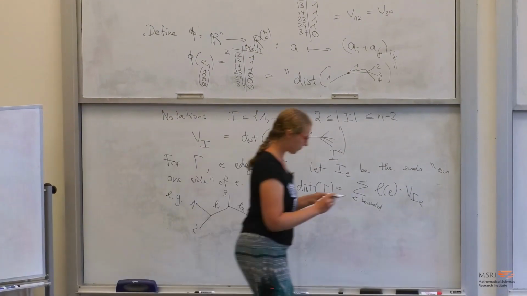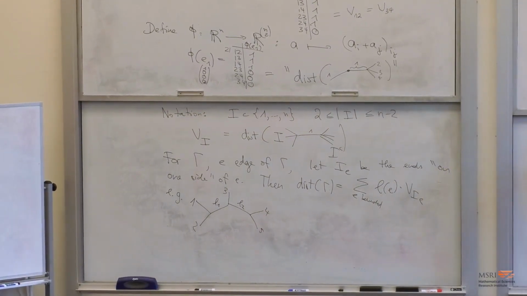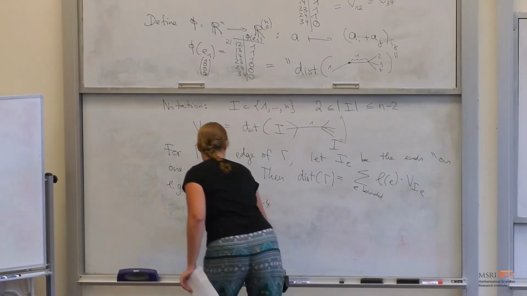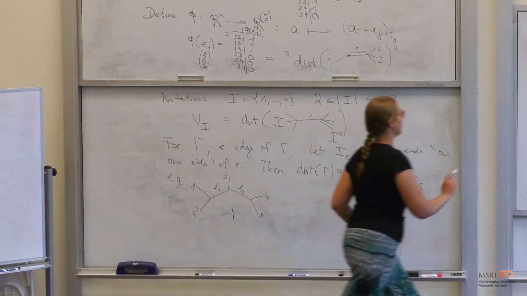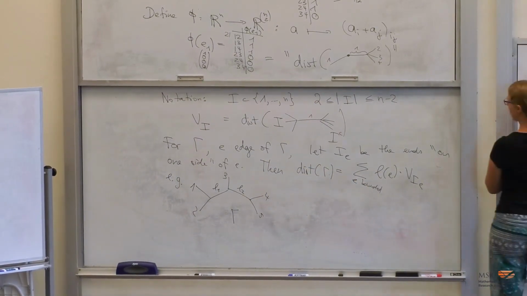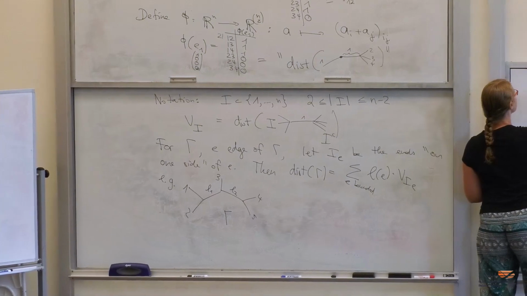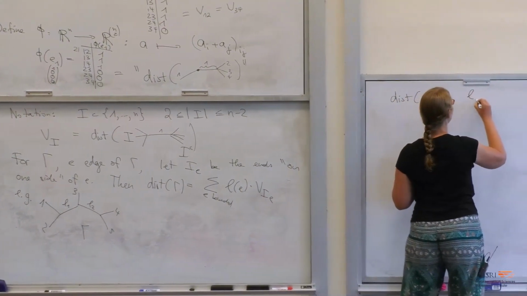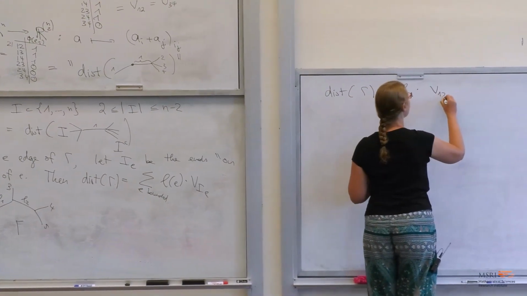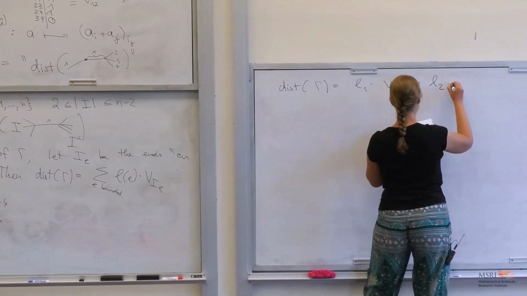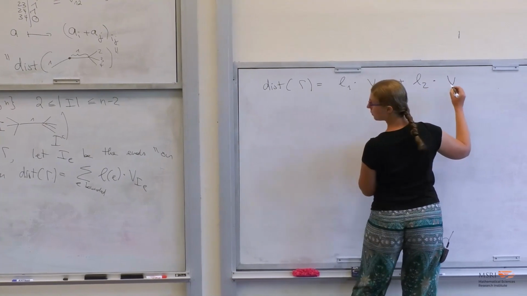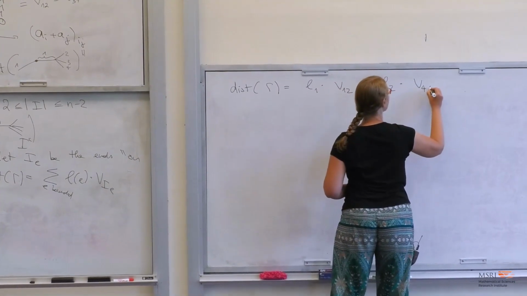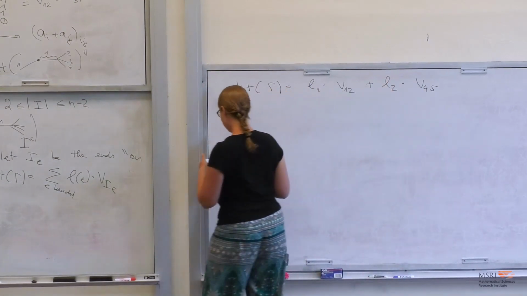Okay, and I claim that, yeah, so this is my gamma, and I claim that my distance of gamma is equal to L1 times V12 plus L2 times V45.